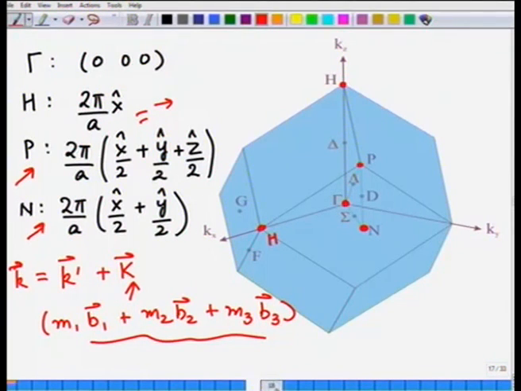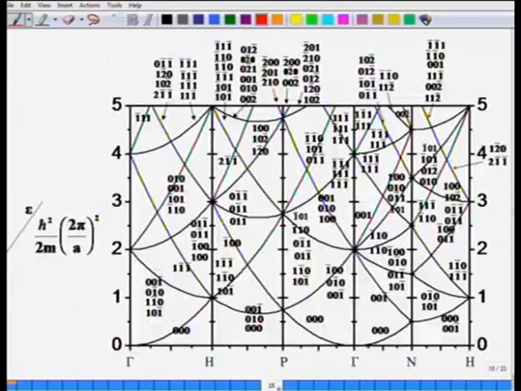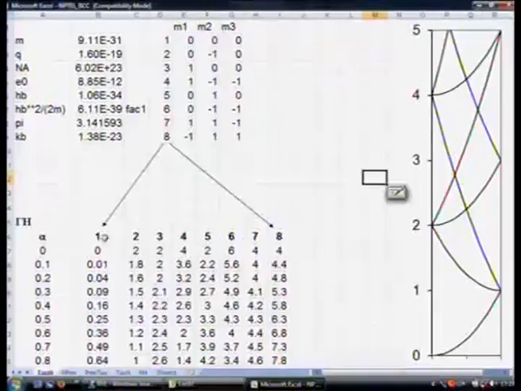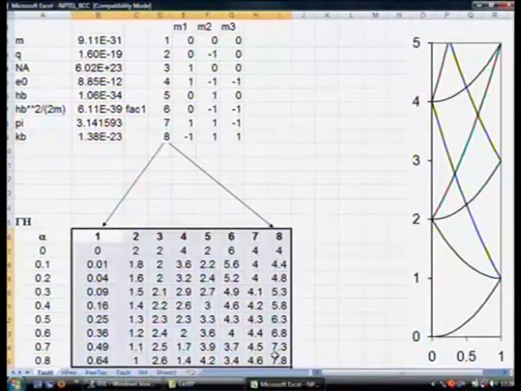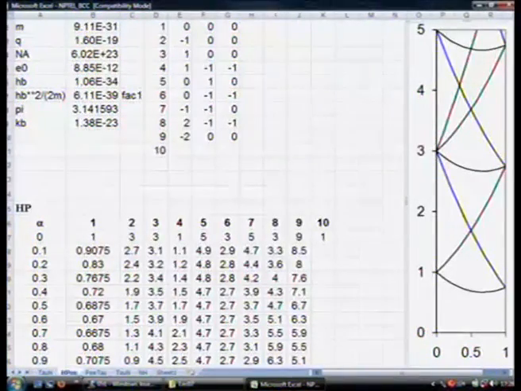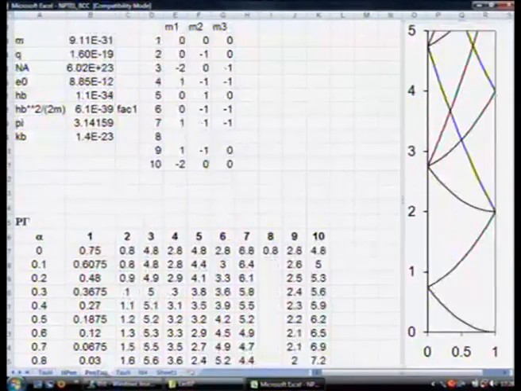Let me try to quickly show you before I end this lecture. I have done that for BCC also, and for BCC I have plotted from gamma point to H point, and it looks as shown here for different m1, m2, m3 values. Then from H to P, I am moving very fast because now you understand how to do it, and you can consider this as an assignment problem for doing the BCC part yourself.